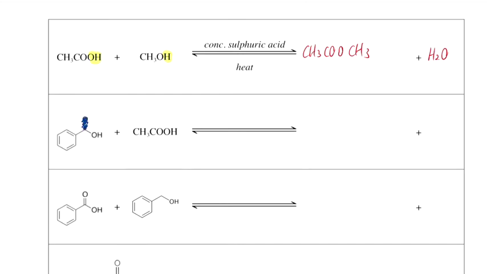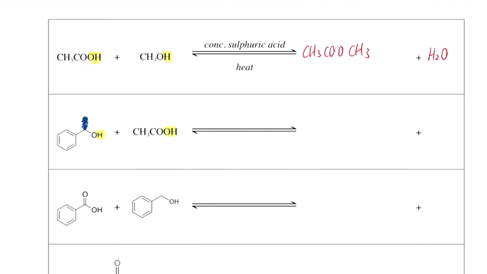Okay, so now we have the alcohol with the acid here. Now we need to highlight the water that we're going to remove from these two molecules. We take away the OH group from the acid and then the hydrogen from the alcohol. And then we can combine the rest to draw the final product.